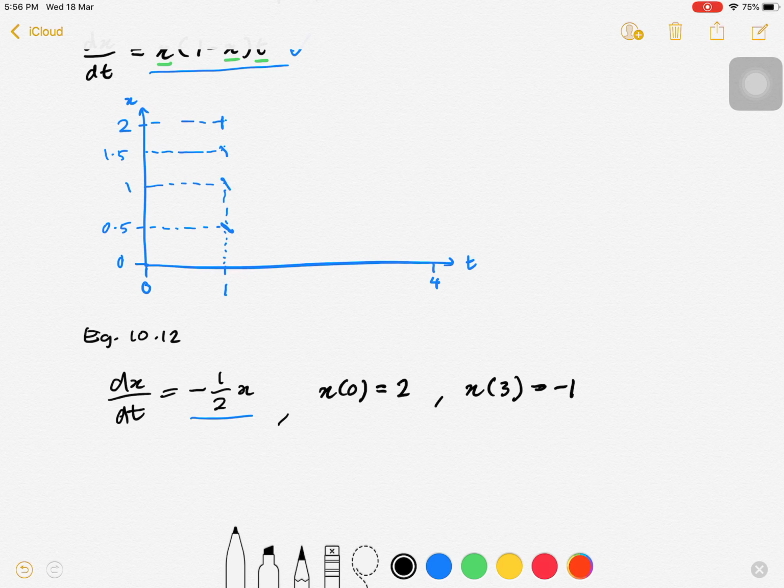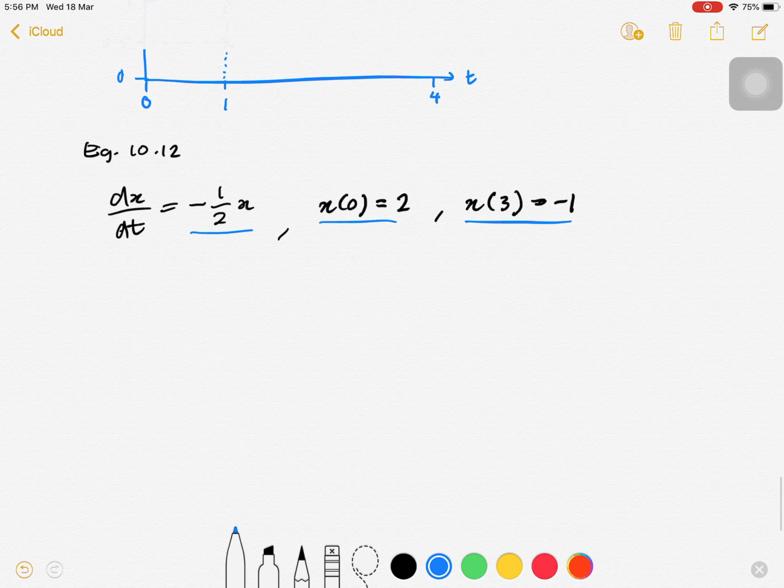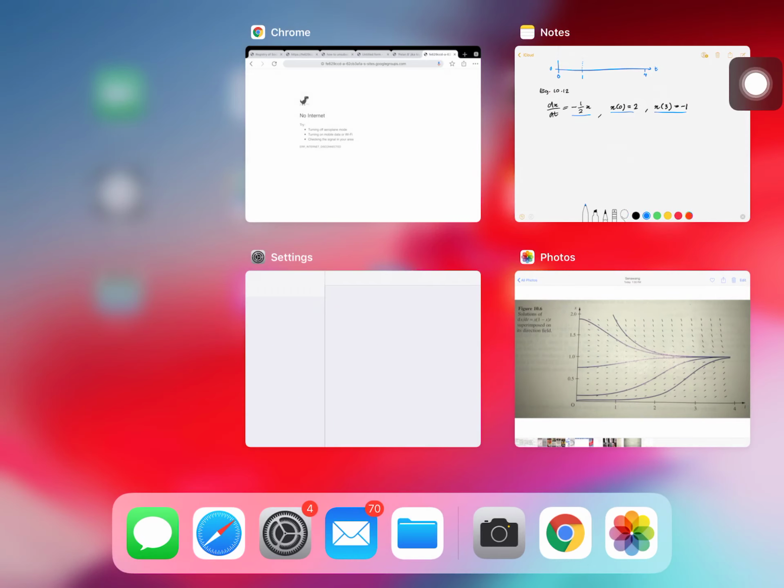So we will create two lines according to these two boundary conditions. I'll just show you what the answer is. So actually this is the answer.